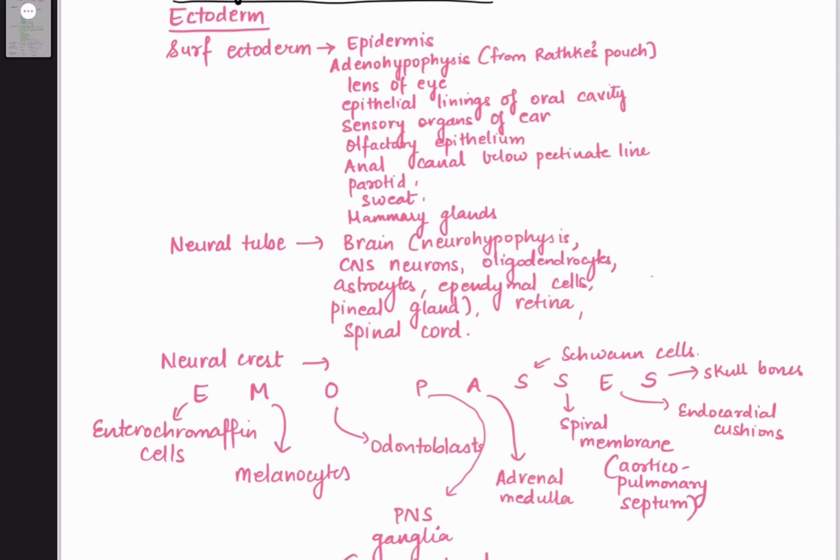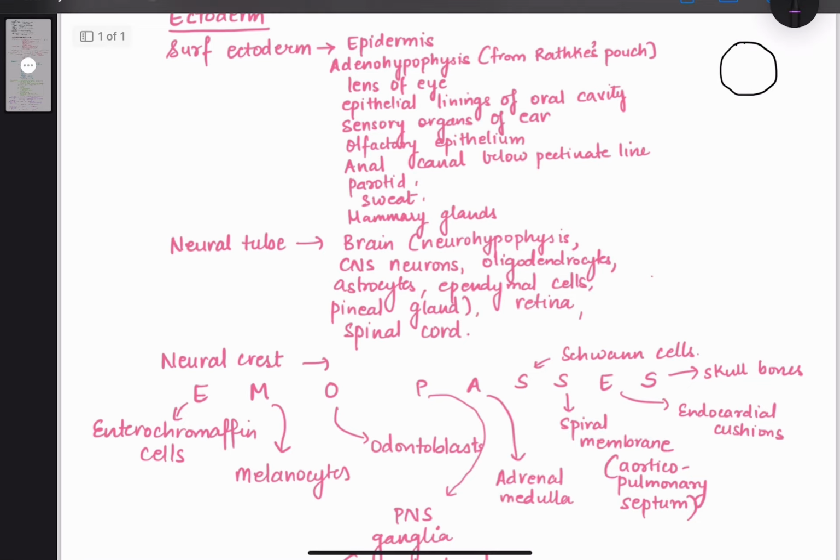So talking about surface ectoderm, you can just remember that everything from the face, that is the lens of eyes, then epithelial lining of the oral cavity, sensory organs of the ears, olfactory epithelium, these are the part of derivatives of surface ectoderm.